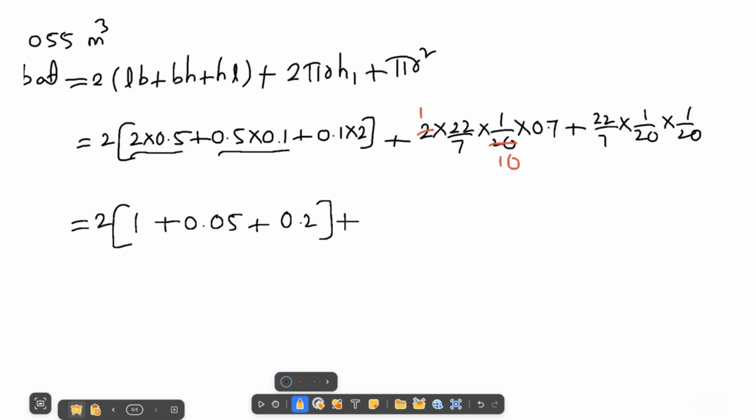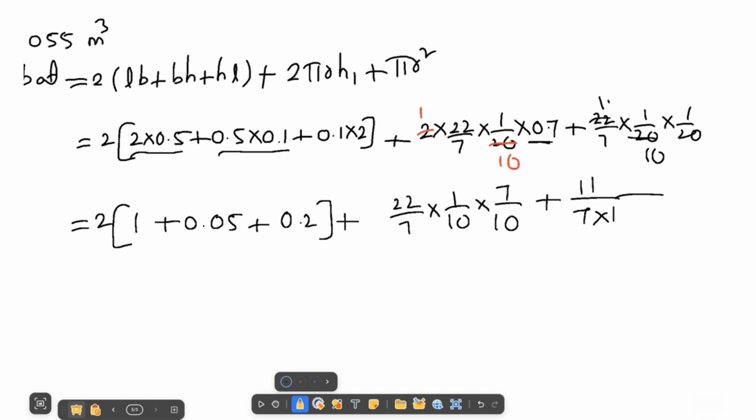Now we will have 22 by 7 into 1 by 10 into this 0.7, which can be written as 7 by 10, plus here 2 tens are 20, 2 elevens are 11. Now it can be written as 11 by 7 into 10 into 20.